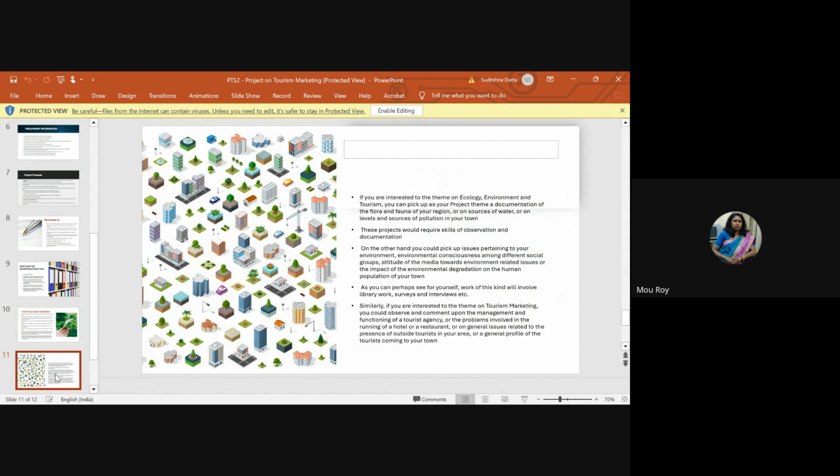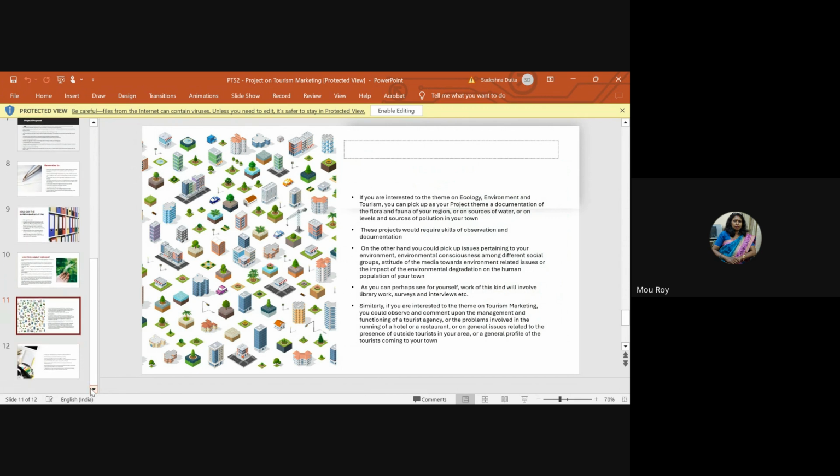You have to do some studies on that, okay? Or a general profile of the tourist coming to your town. You can also do a study of tourists visiting from other countries at your places. When they come to your place, what local site tours do they visit and all, so you can do on all those, okay?